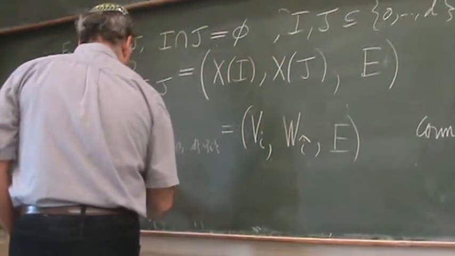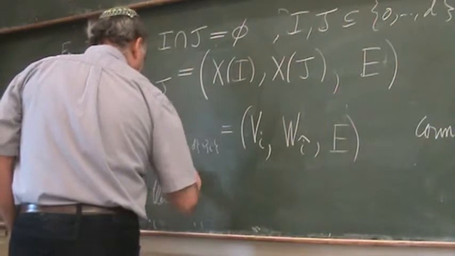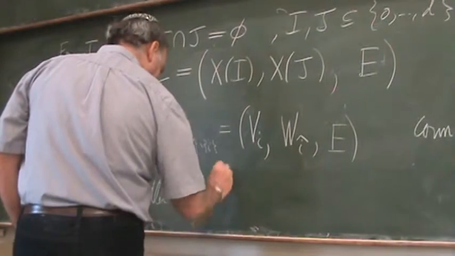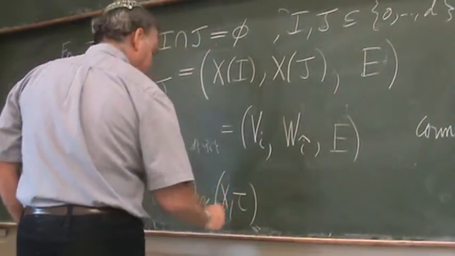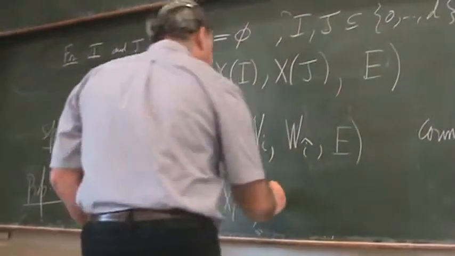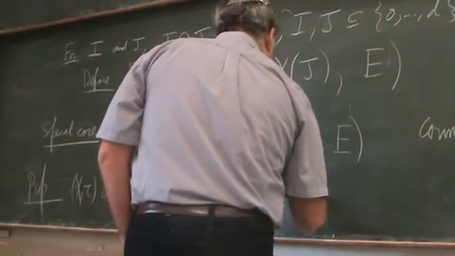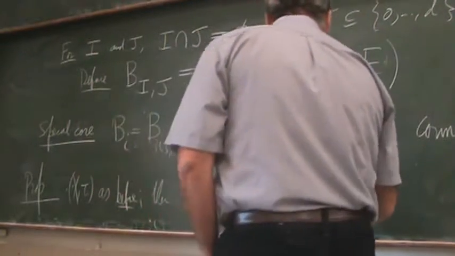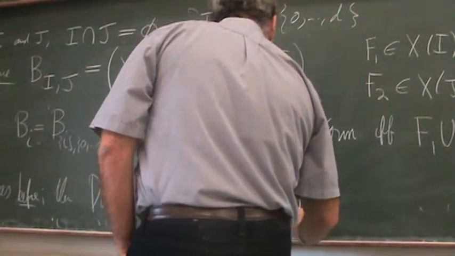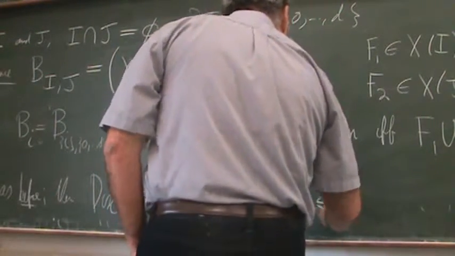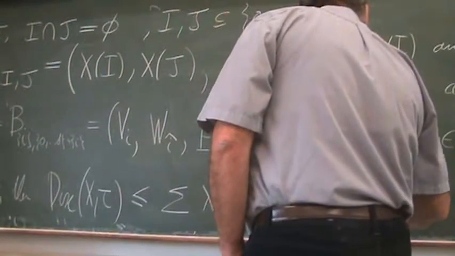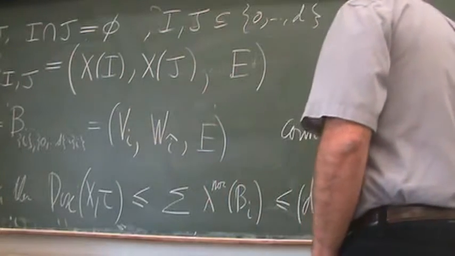Then the discrepancy of X tau, which is what we defined before, is at most sigma of lambda normalized of these B_i's. Or if you want, this is at most d plus 1 times the maximum of them. Usually that's enough.